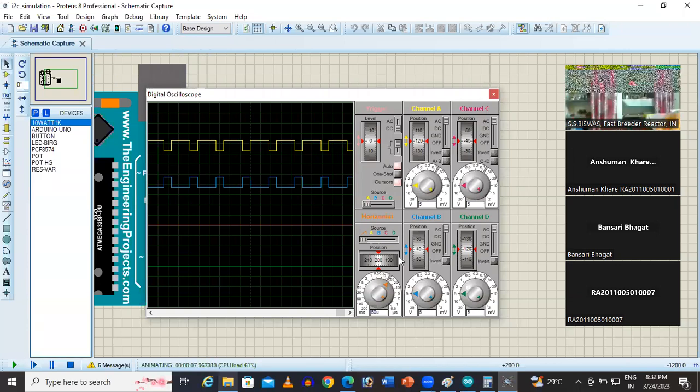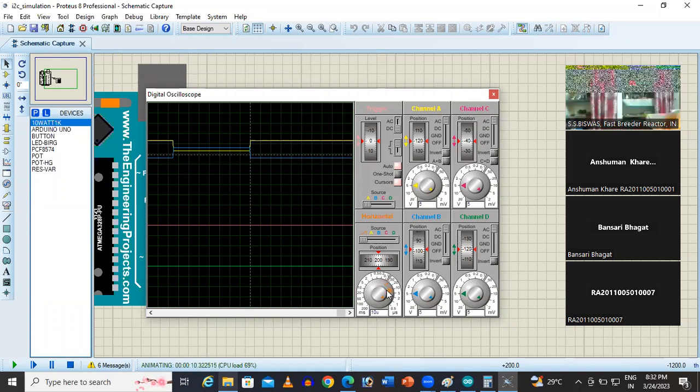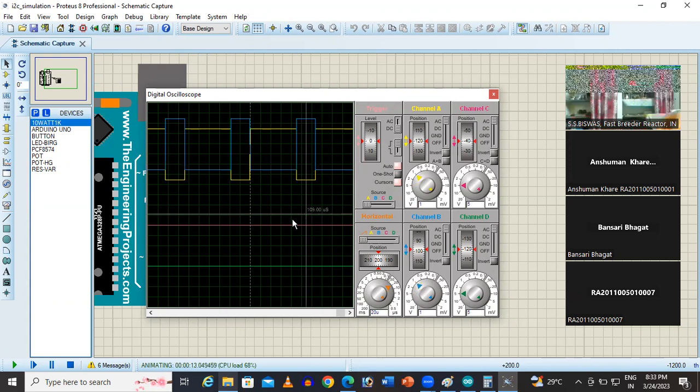But here, if I match these two like this, then we'll go slightly and increase the amplitude also. Here you see what is happening.